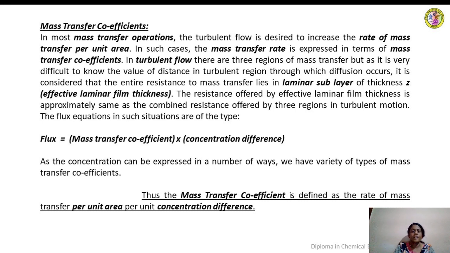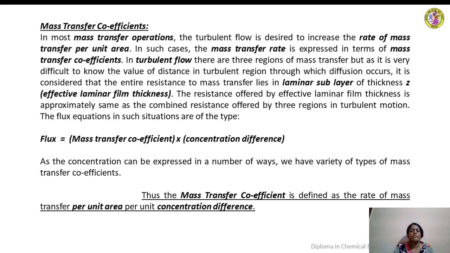So what I'm trying to say is all the molecular diffusion rate equations that we have derived can therefore be used for the turbulent diffusion case also, just substituting the distance over which the diffusion occurs, that is the Z term in the equation, with the thickness of effective laminar sublayer. So that is how we can write the equations for the rate of mass transfer that usually takes place with a turbulent motion.